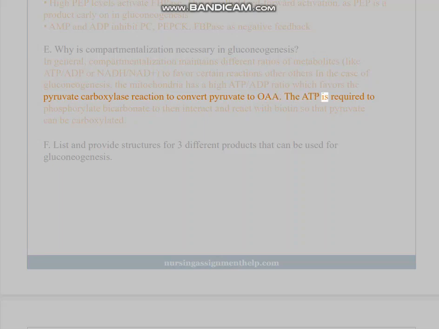The ATP is required to phosphorylate bicarbonate to then react with biotin so that pyruvate can be carboxylated. F. List and provide structures for 3 different products that can be used for gluconeogenesis.